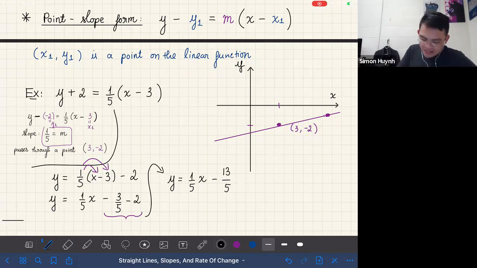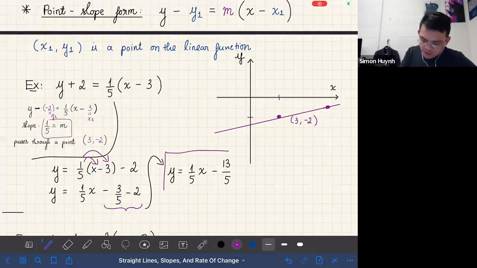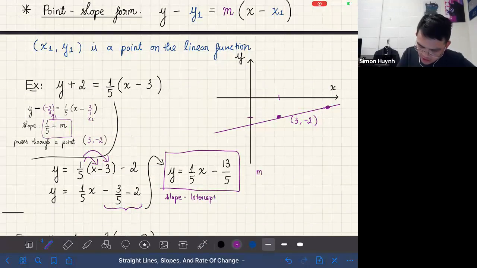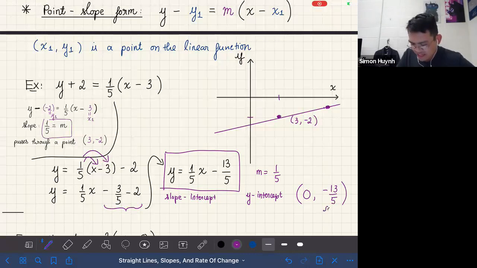So we can see that here again, this is the slope intercept form. And we see that the slope again is 1/5, and the y-intercept is the point x equals 0, y equal negative 13 over 5, and negative 13 over 5 is exactly negative 2.6, I believe.